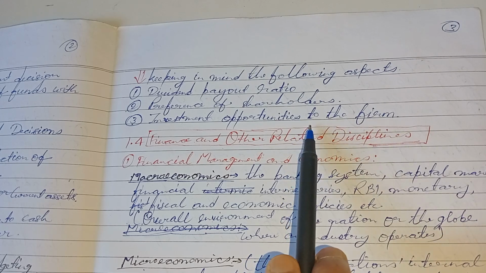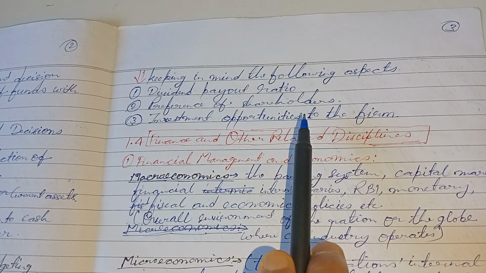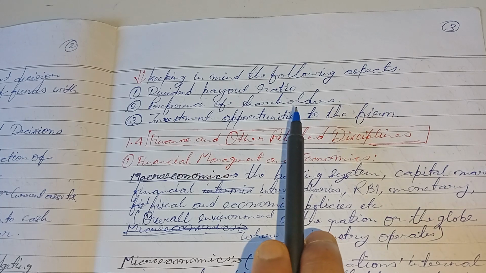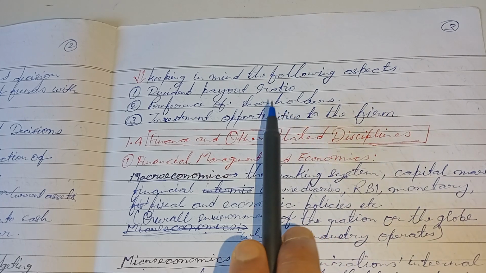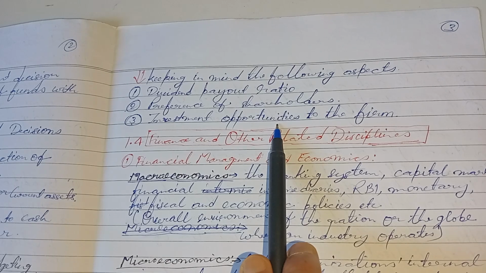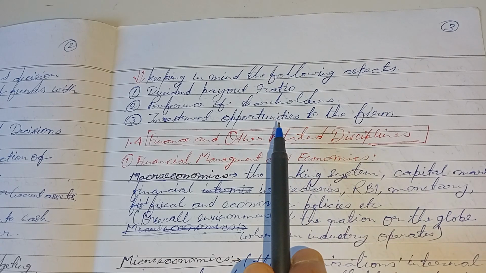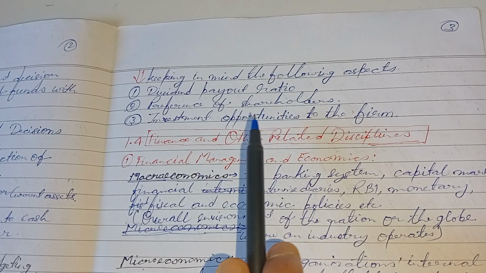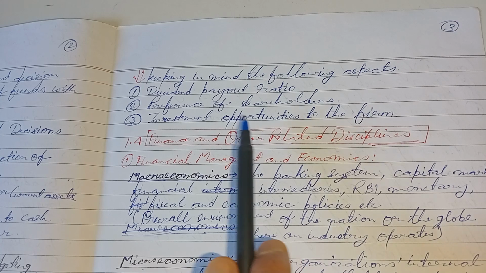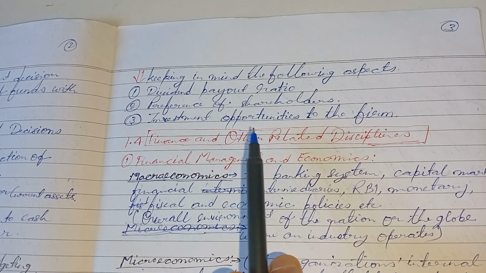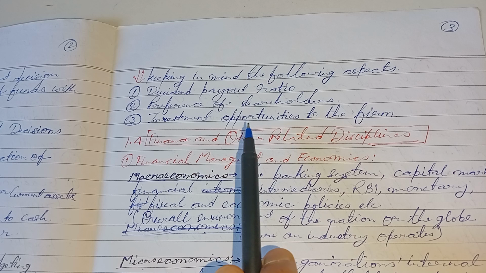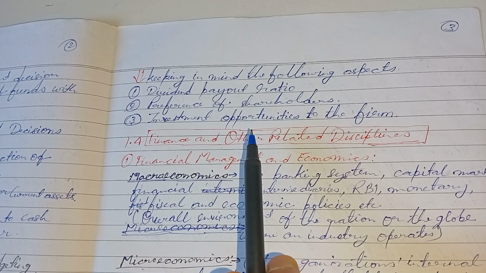If there are better opportunities for investment, so that in the future the organization can get more profit, then the organization should retain and reinvest profits, so that the organization can be expanded and more profits can be gained in the future.